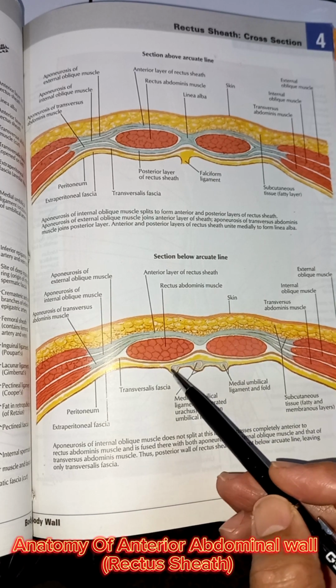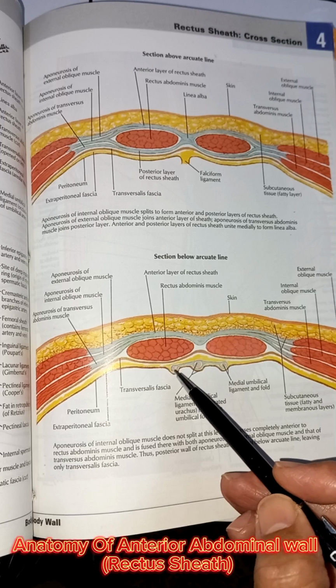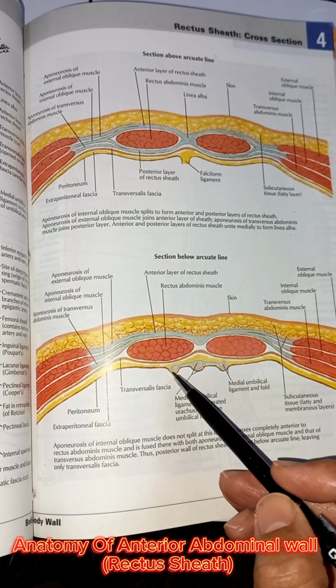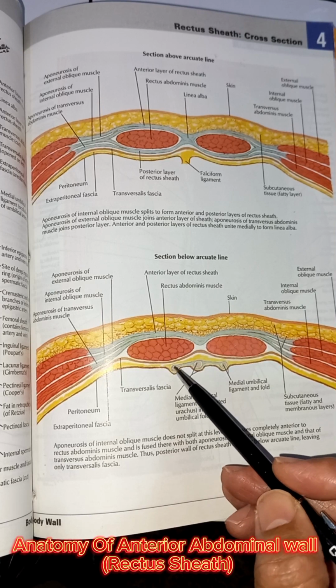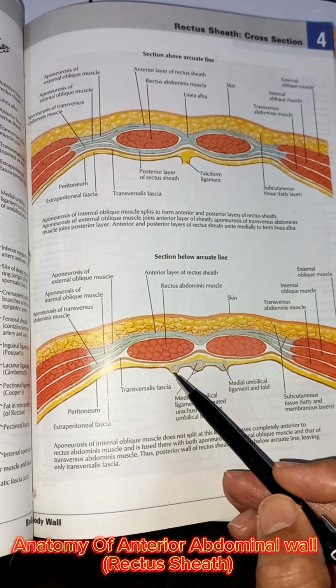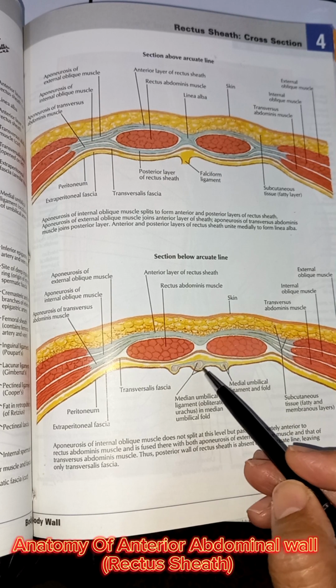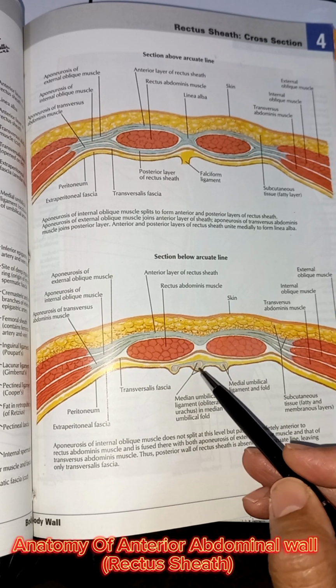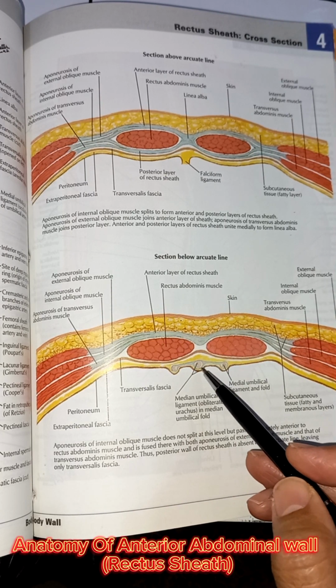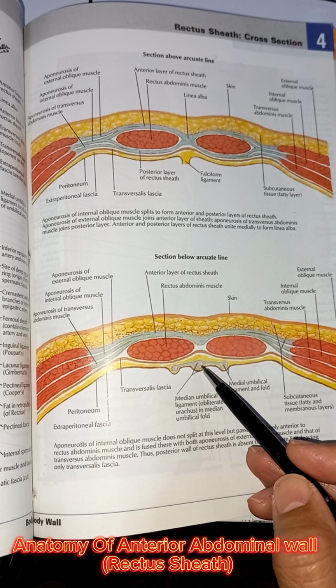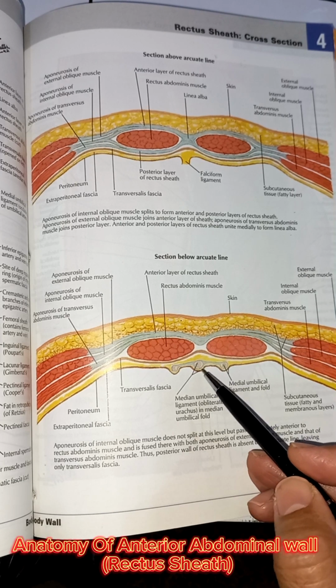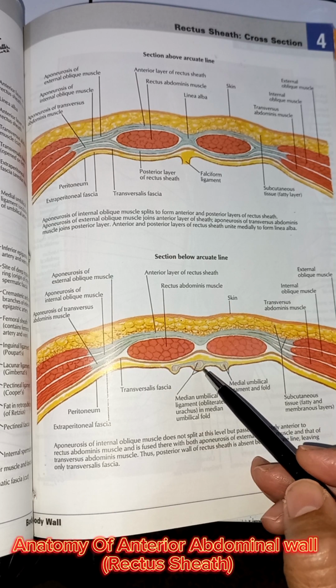This is again medial umbilical fold, a remnant of right umbilical artery, and this midline fold is the median umbilical ligament or median umbilical fold. This shows the obliterated urachus.